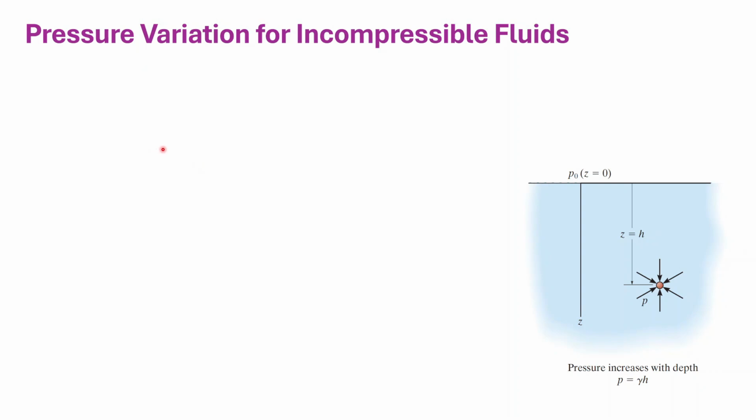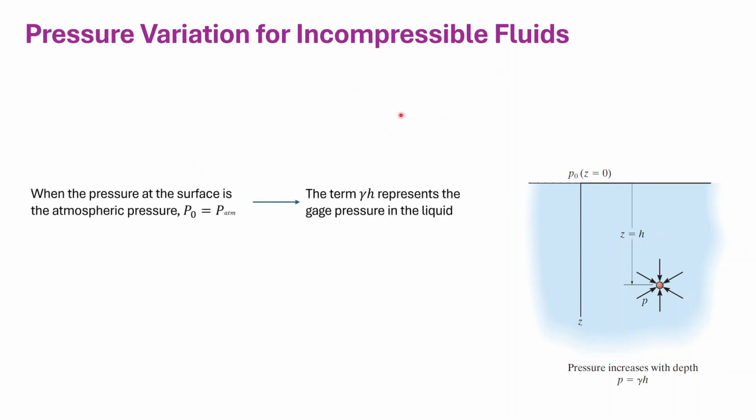Pressure variation for incompressible fluids. When the pressure at the surface is the atmospheric pressure, or P0 equals P atmosphere at the surface, then the term gamma H represents the gauge pressure in the liquid.